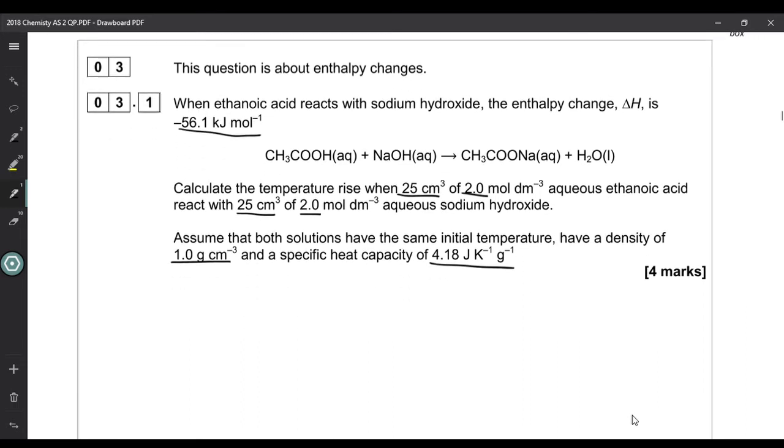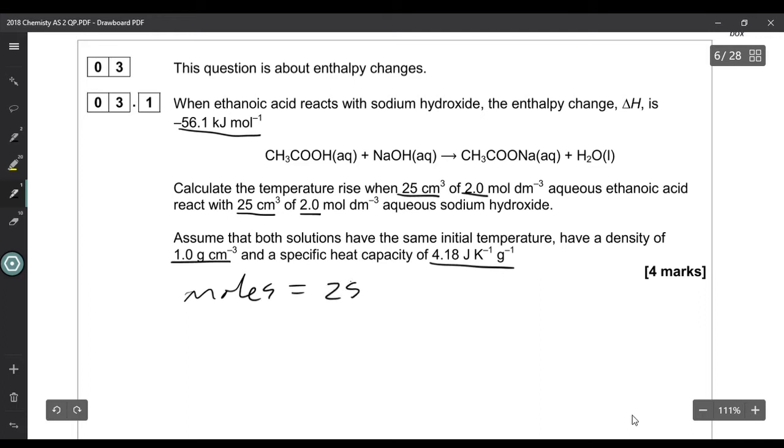So first thing we need to do in this is to work out how many moles are reacting. So if we take the ethanoic acid, the number of moles equals 25 cubic centimeters, and again, because we're given it in moles per dm cubed, we've got to work out the fraction of a dm cubed we've got.